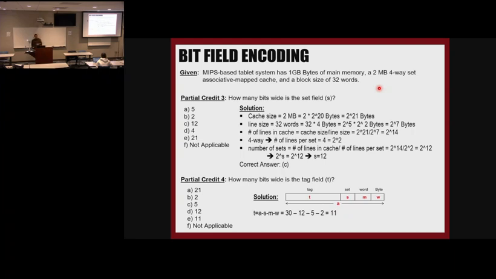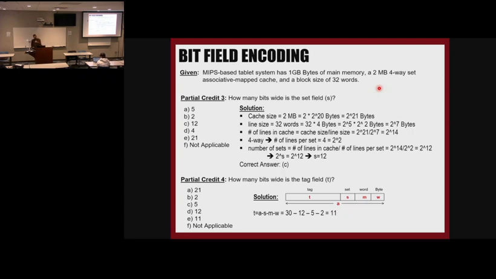If you practice the same question for direct map, fully associative, and set associative, and maybe do it 2-3 times for set associative, because that's more complicated. Direct map is straightforward. Fully associative is even easier, because it doesn't have a set field, so it's pretty straightforward. You just get M and W, and everything else is tag.